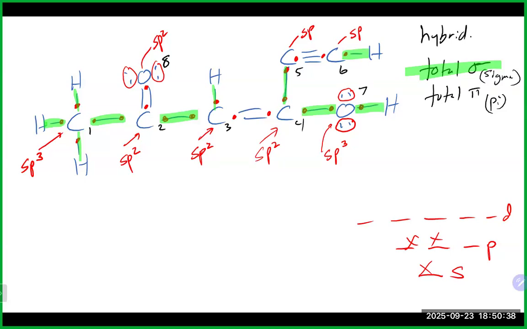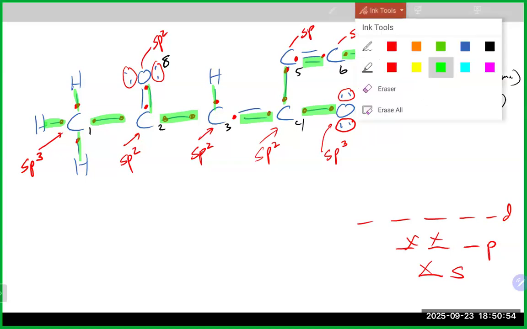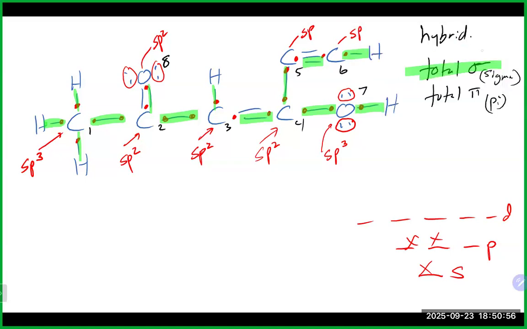Now I skipped all the double bonds and triple bonds, so I can come back to them. 11, one line from our double. 12, one line for that double, and 13. I don't think I missed any. So that is all of our sigma bonds in here. I counted 13.